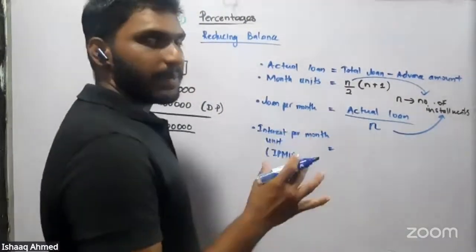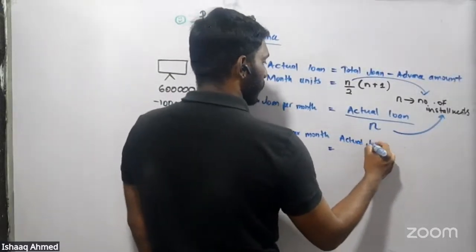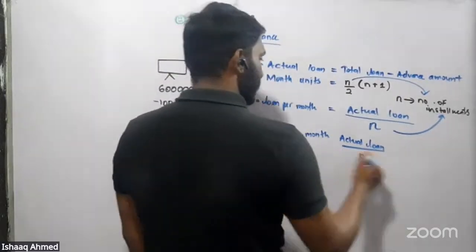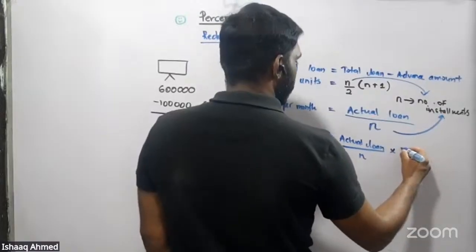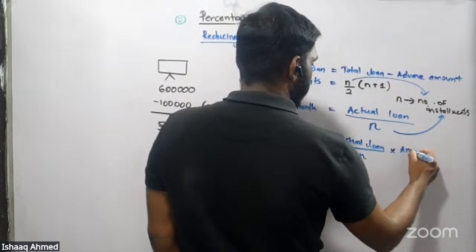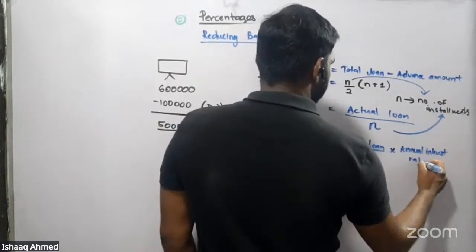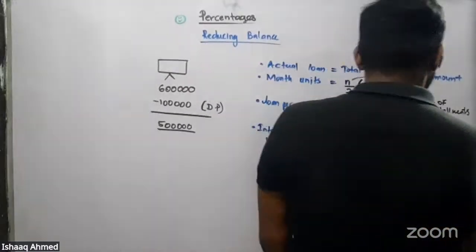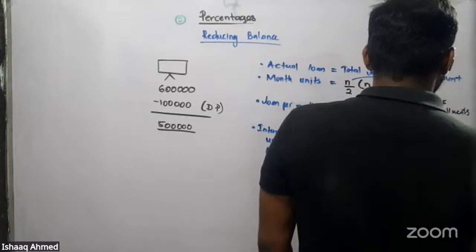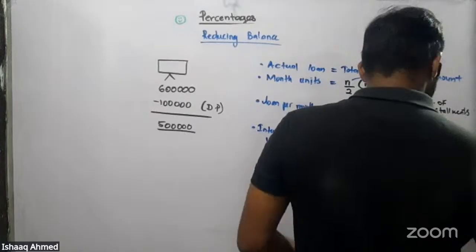You calculate interest per month unit using this formula. So actual loan divided by number of this thing into this one, annual interest rate into 1 over 12 over 100.